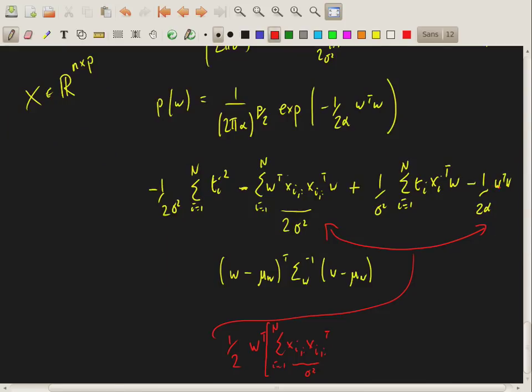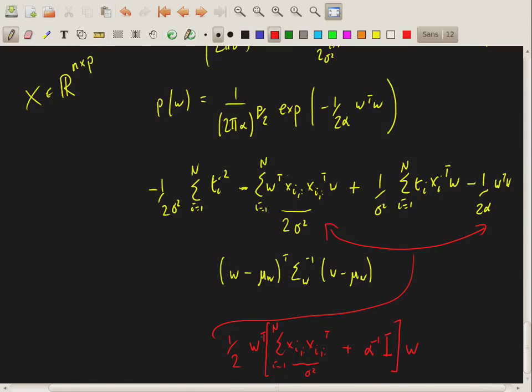I now have to add this term on. And to add this term on, I've got the factor of half outside, so that's okay. But I have to pretend, I have to see the identity matrix inside there. Alpha to the minus 1 times I, like that.